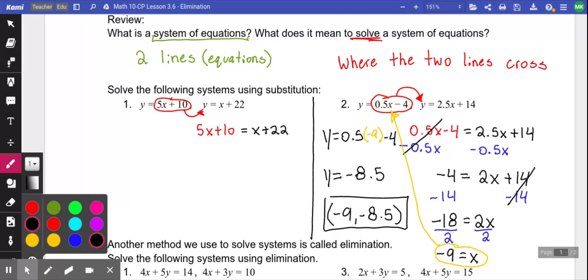So Bree's suggestion was we take this 5x, we subtract it to the other side, which would work. You could also take this 1x and subtract it to the other side, and that would work too. As long as you're moving the x's to one side or the other, you're going to be good. And remember that this is a 1x. It's an invisible 1.